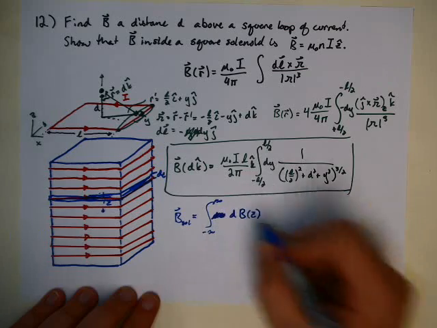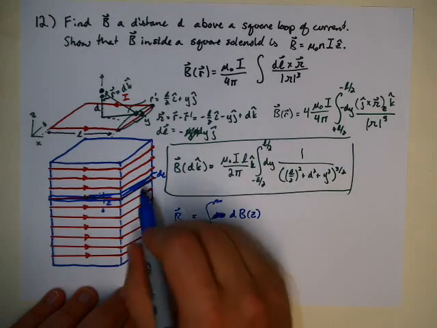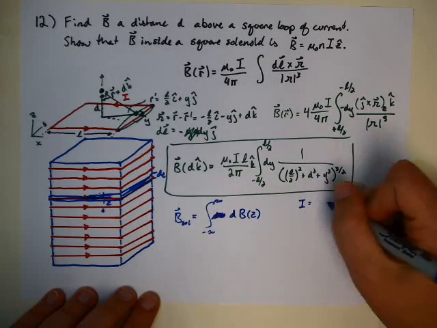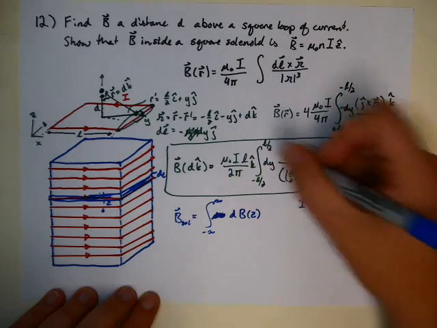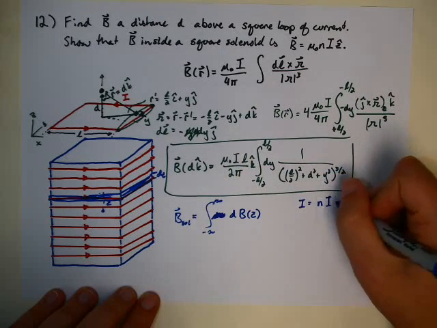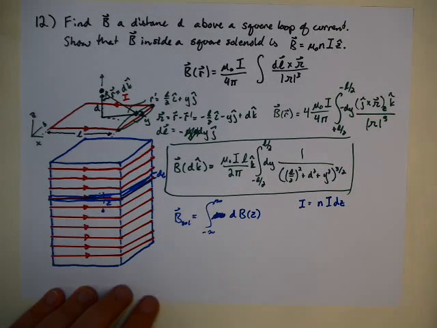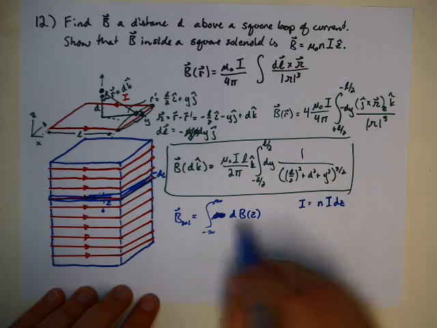Oh, sorry, there's no dz here. What I want for the I here is the amount of current in the width dz. And so the I from here is going to be equal to n I dz. So now I'm going to just plug that in.